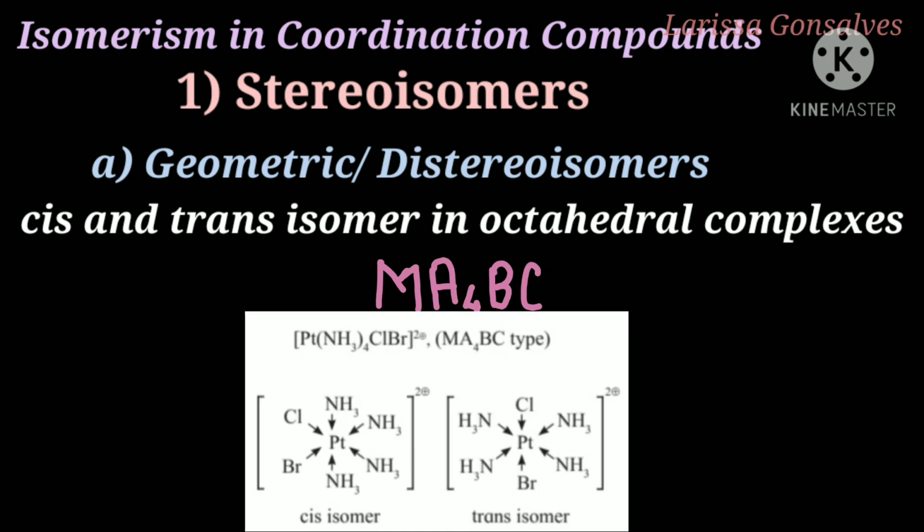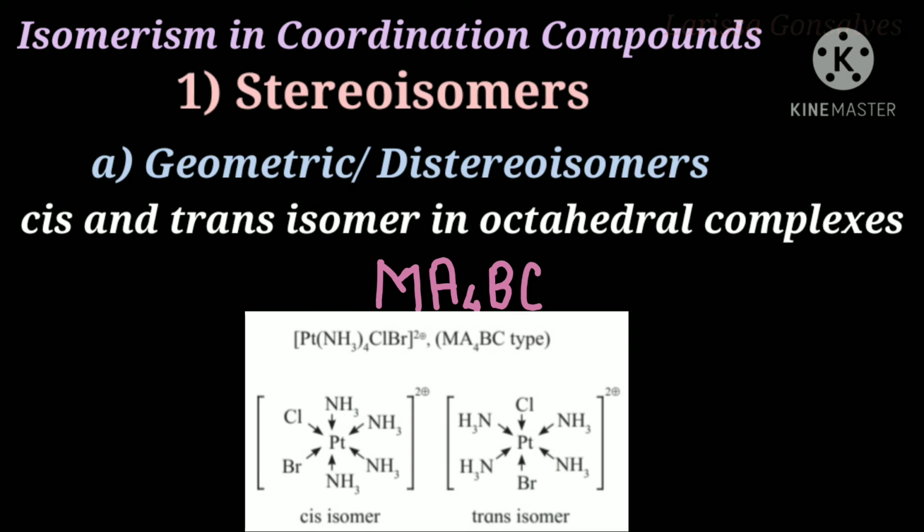Next is the example of [Pt(NH3)4ClBr], the coordination sphere having a net charge of 2 plus. So this coordination complex is of the type MA4BC. The central metal ion is platinum.